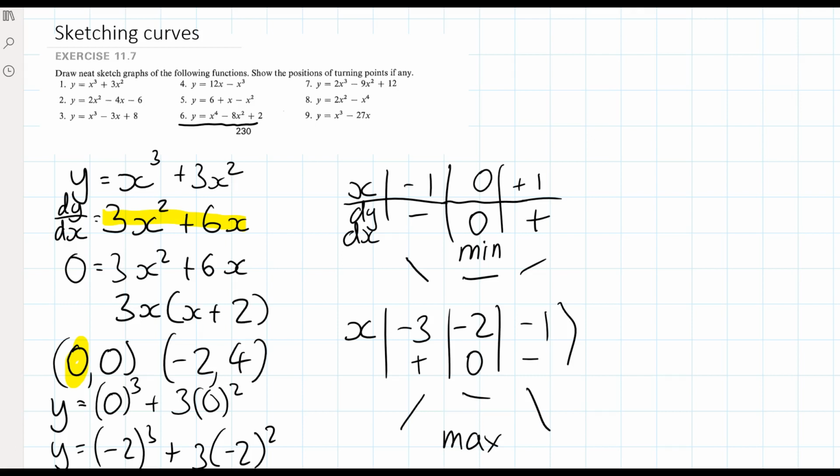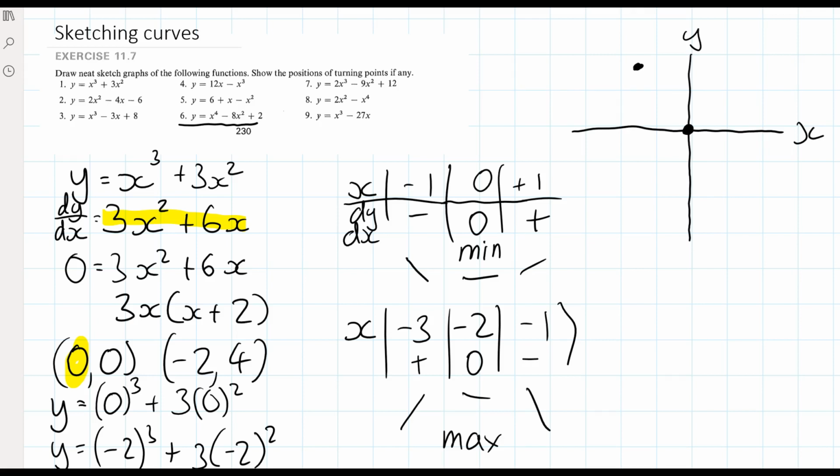Okay, so now I draw the graph. Okay, I label my x and y axis. Then I put my points in, which are 0, 0, and minus 2, 4.